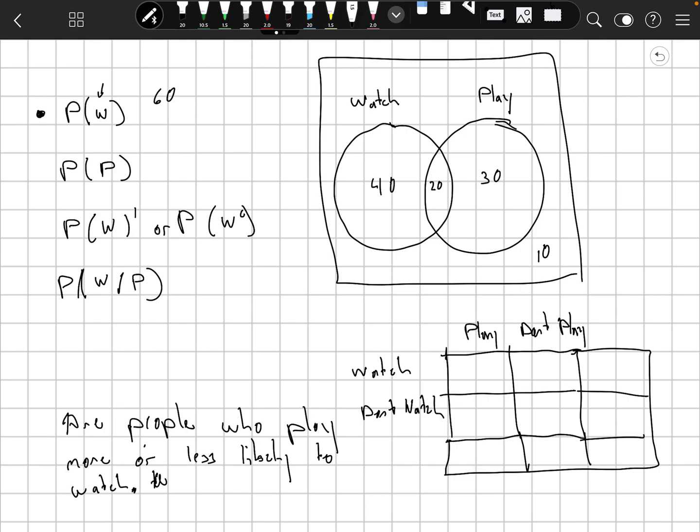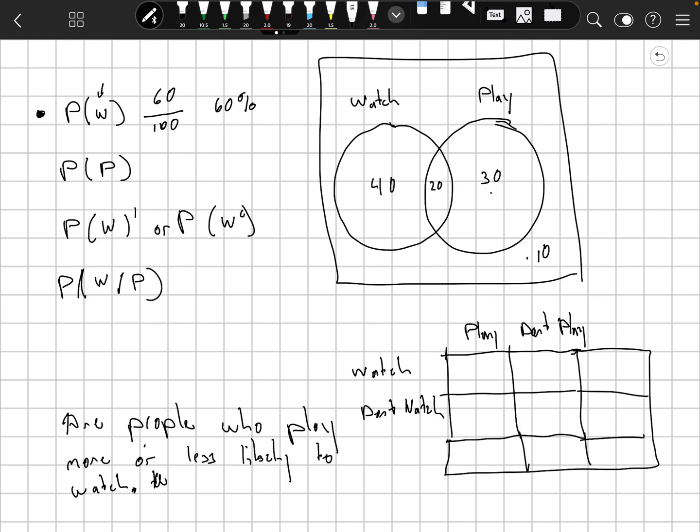So there's people who play right here that weren't included in that, and people who don't play and don't watch. So if we added up all of those numbers, I've got 60 plus 30, that's 90, that's 100. So we got 60 over 100, or we have a 60% possibility in this survey of picking somebody who watches basketball on TV.